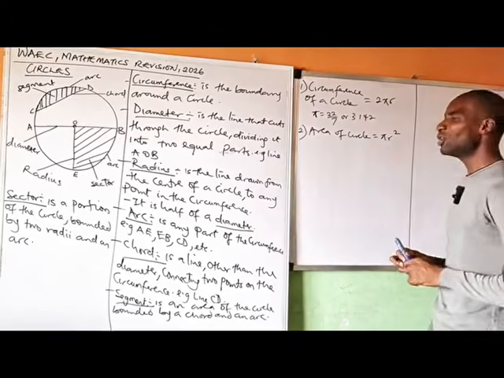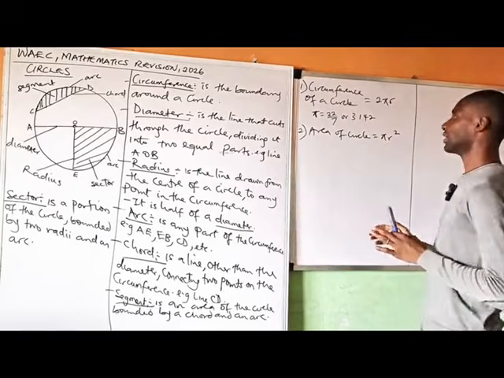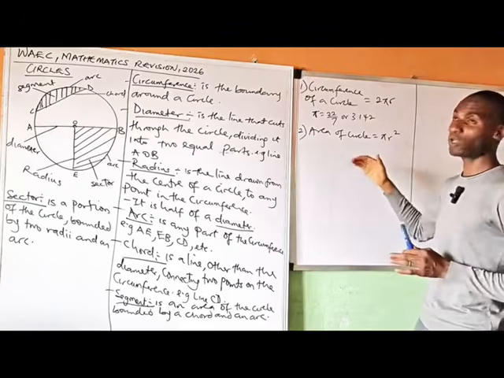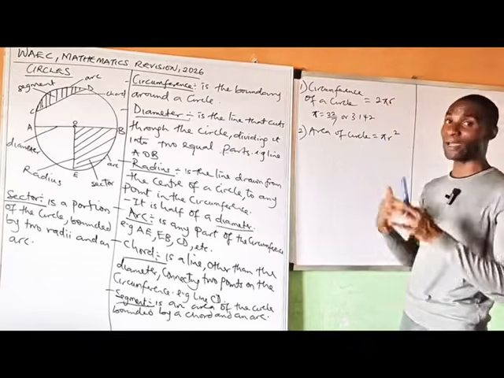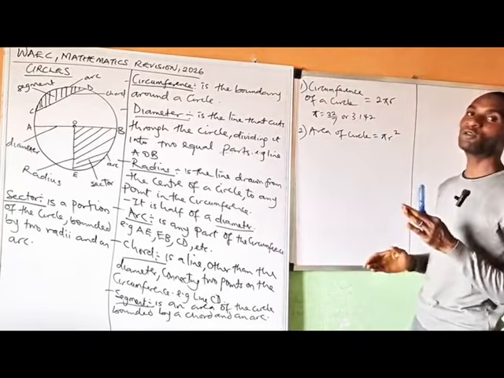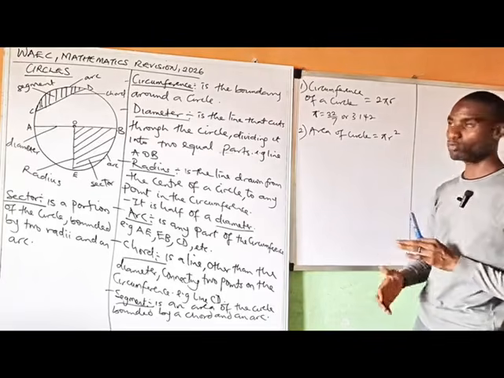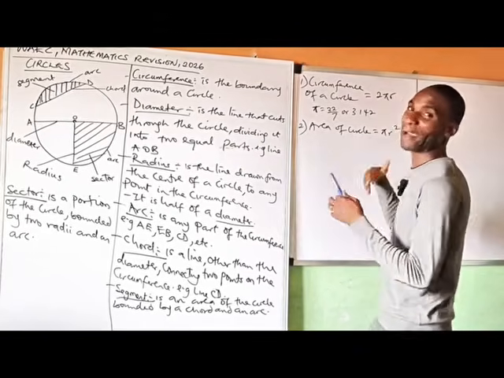Pi r squared. Now you could get into the exam hall and be confused. Oh, which one is pi r squared? Which one is 2 pi r? So I'll quickly give you a shortcut that you can use to easily recall which is pi r squared and which is 2 pi r. How do you remember which is pi r squared?